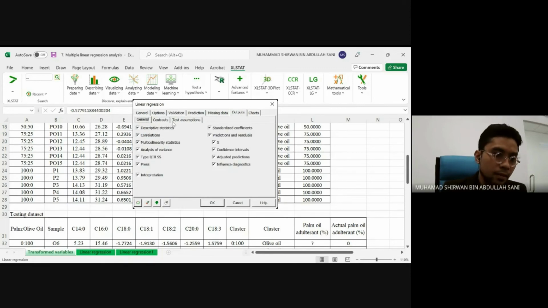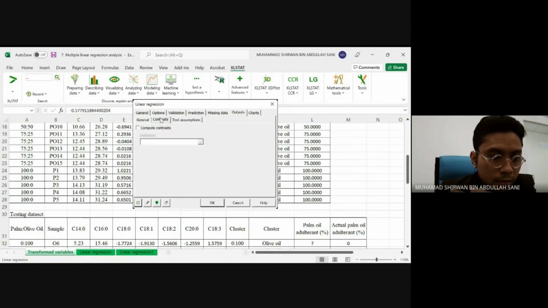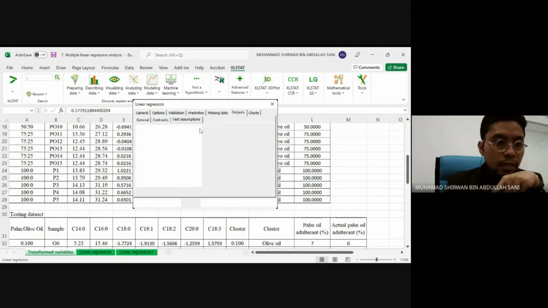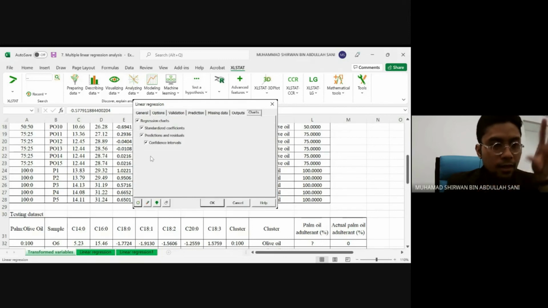For the general part of the output, tick all except type 1/3 SS. We don't want this one because it has too long an interpretation. And then contrast and test assumption. For test assumption, you have to tick normality test. For charts, tick all of it.